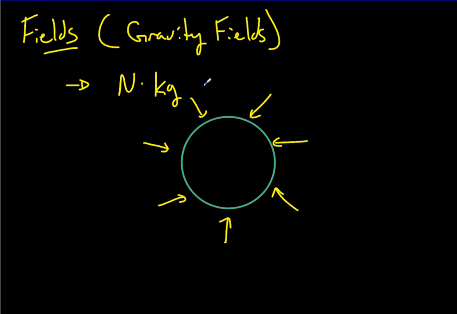So for Earth, this is Earth, and you are a person near Earth. In fact, you're standing on Earth. Okay, we want to know how many newtons for every kilogram on your body you feel, and we know it's about 9.81 meters per second squared, which, remember, is the exact same unit as newtons per kilogram.